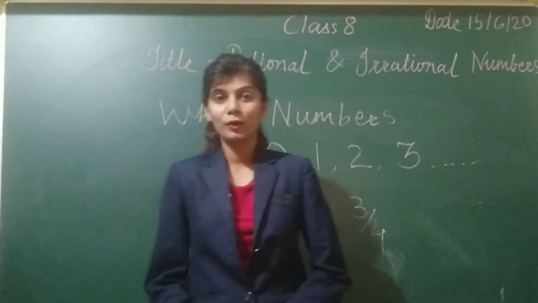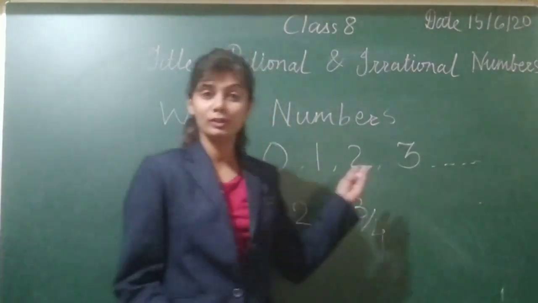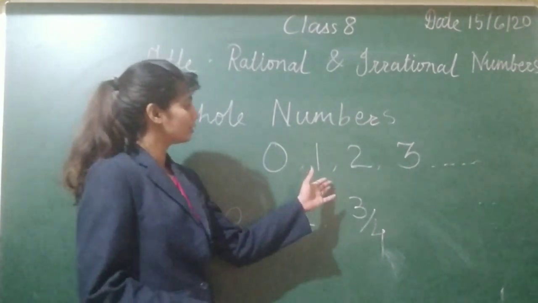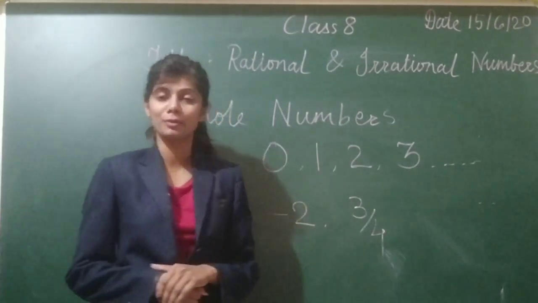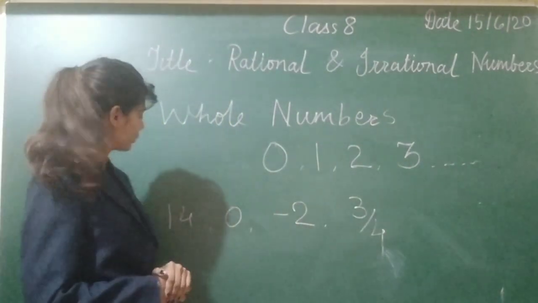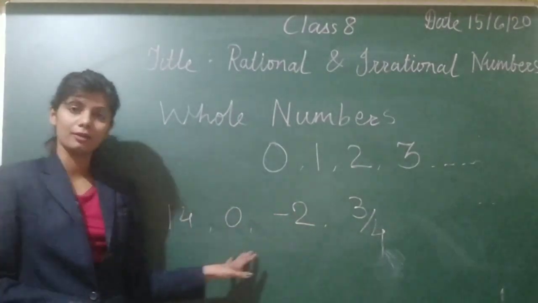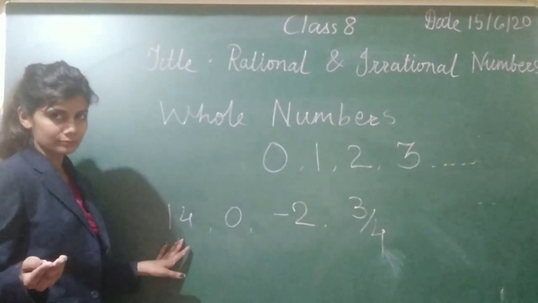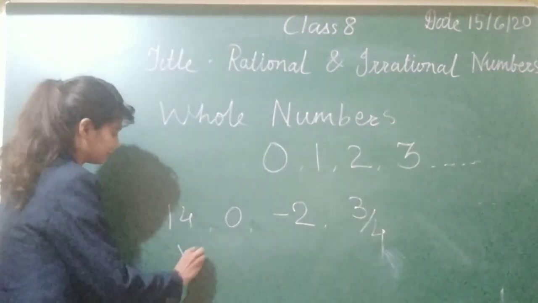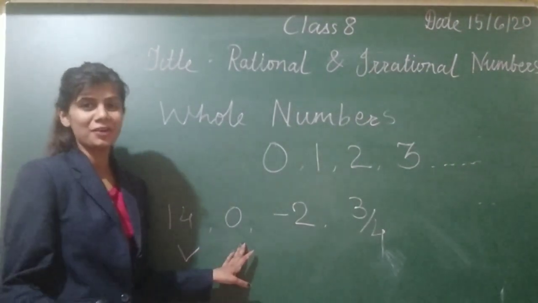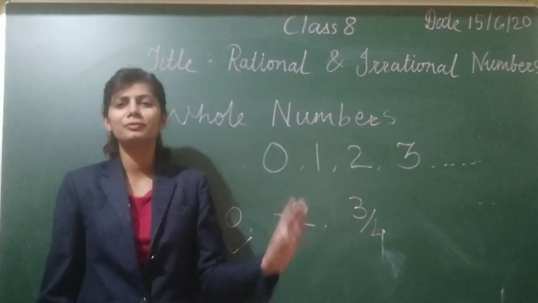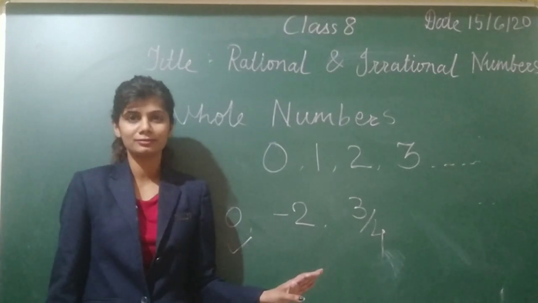So now we are going to learn about whole numbers. As I said, if we add 0 to the natural numbers, it becomes whole numbers. Now you have to identify which numbers are whole numbers. 14, yes. 0, obviously yes. -2, do we use -2 when counting?